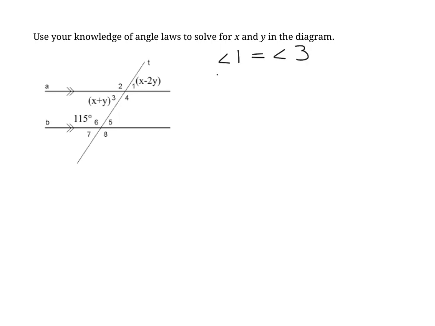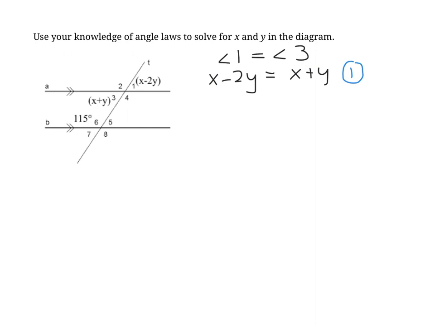So that means the expression x minus 2y, which is located next to angle 1, is equal to the expression x plus y, which is located in the position of angle 3. So I'm going to go ahead and mark this equation as my equation number 1.